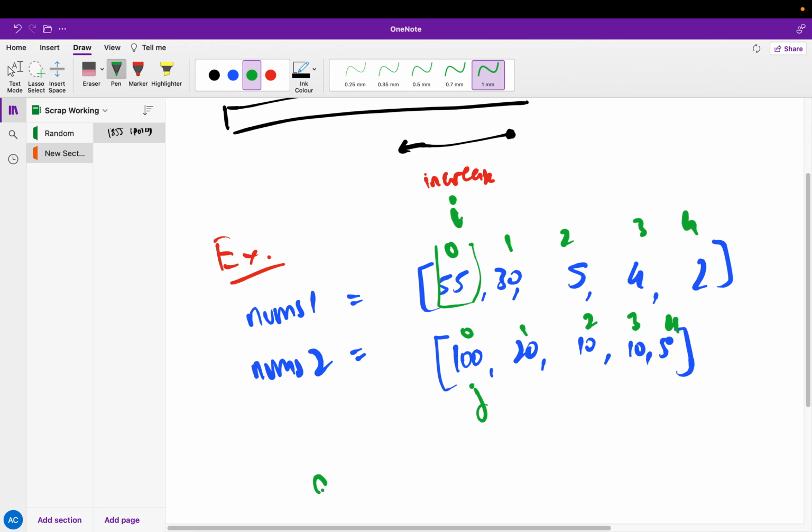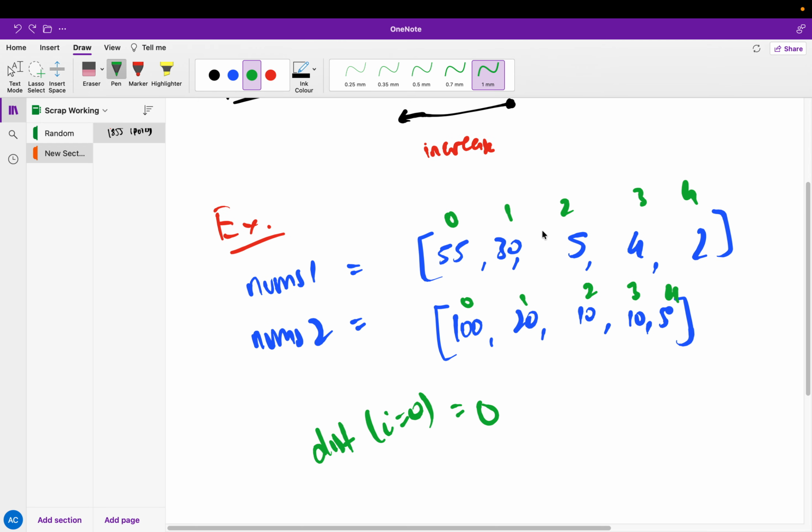So the distance for i equals 0 is equal to 0 because j is equal to i is equal to 0. If i is at 1, then I'm looking for, well, there's nothing, right? Because j has to be at least 1, but the value should be bigger than or equal to 30, which doesn't exist, so I don't think that works.